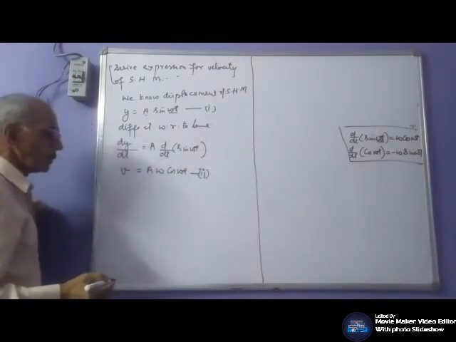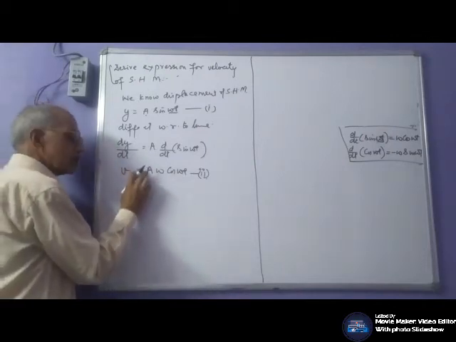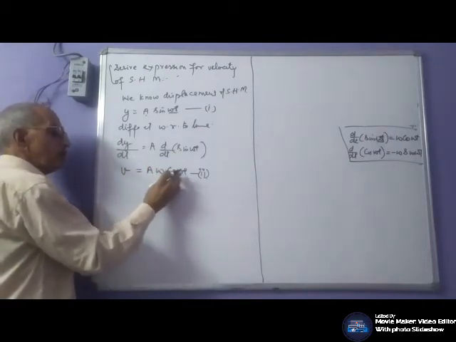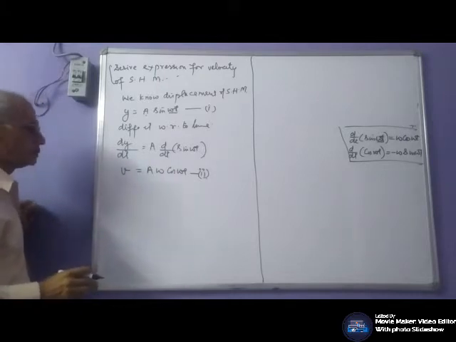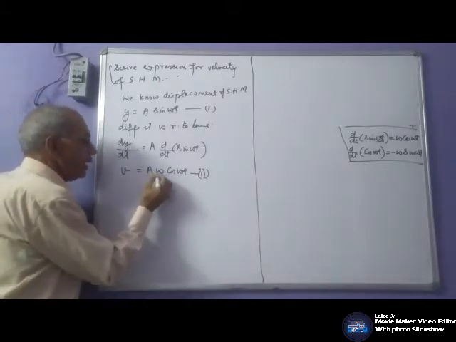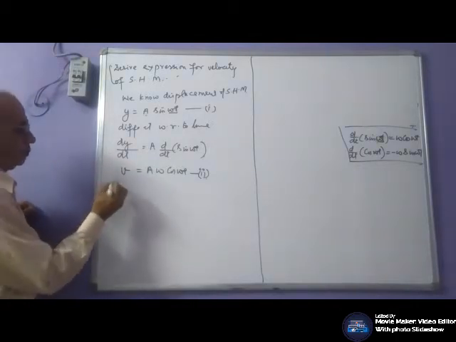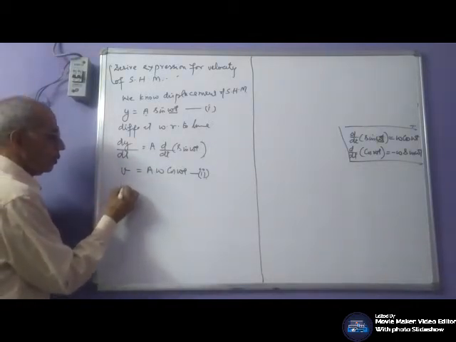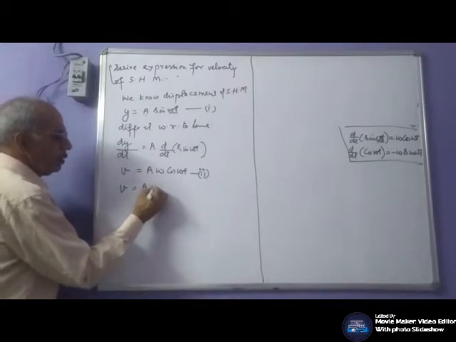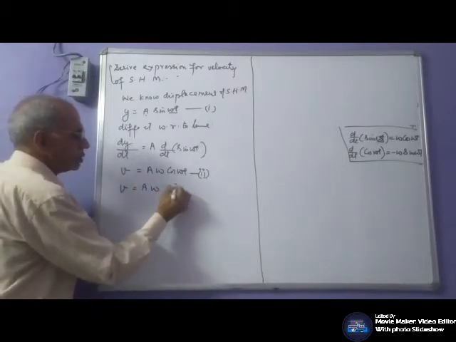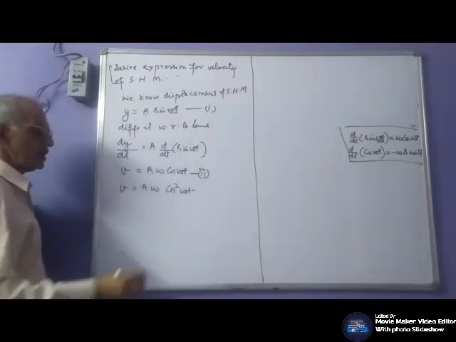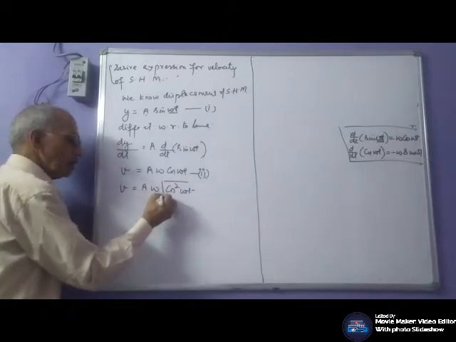This is not the phase of velocity. Why? Plus is there, sine should be there for phase. What is this A omega? It is amplitude, amplitude of velocity. A omega cos square omega t, the equation is changed, under root.